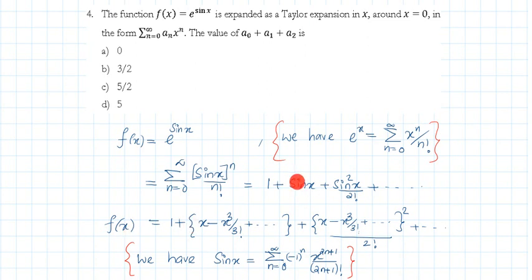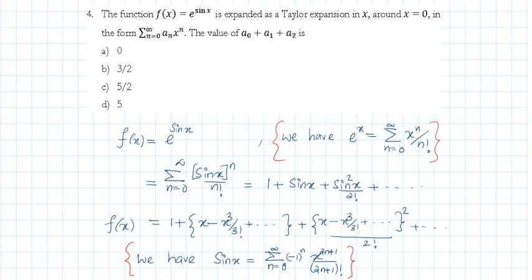And we are familiar with the expansion of sin x. Sin x is nothing but sigma n equal to 0 to infinity minus 1 raised to n x raised to 2n plus 1 divided by 2n plus 1 factorial. When you put n equal to 0, this becomes x. When you put n equal to 1, this becomes minus x cube by 3 factorial, and so on.